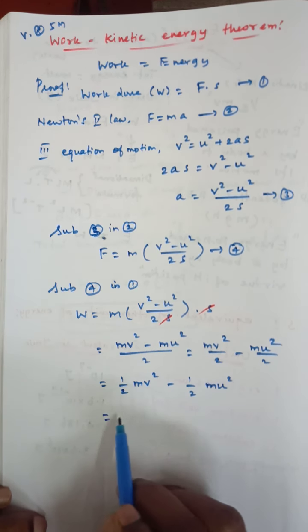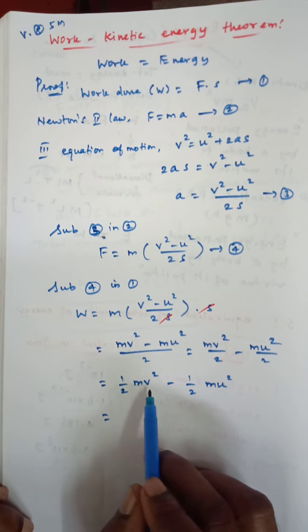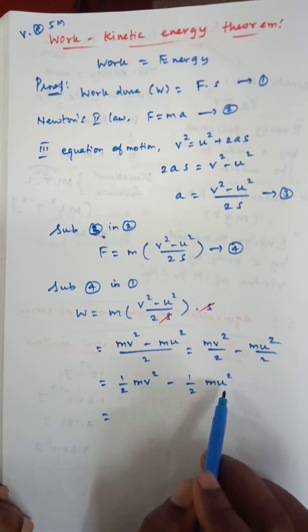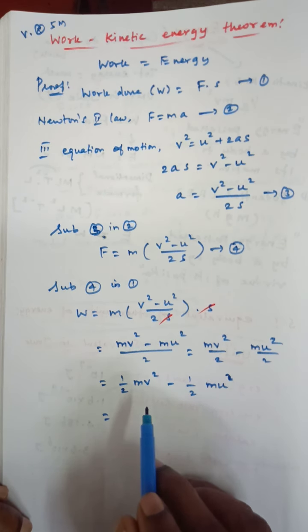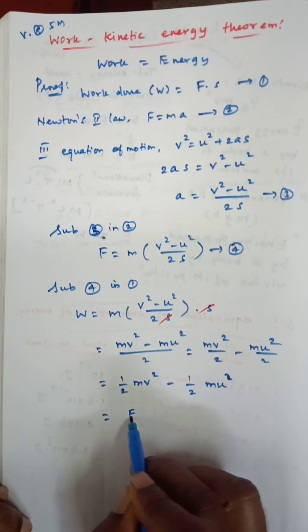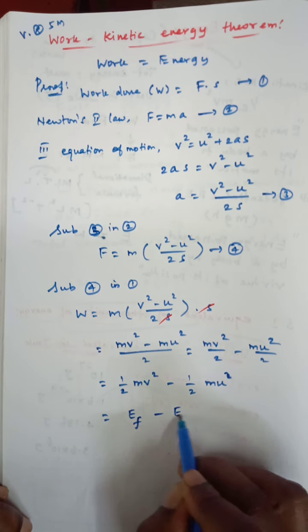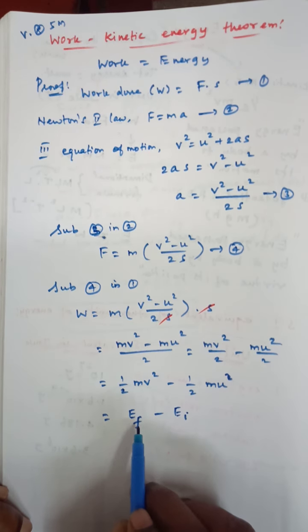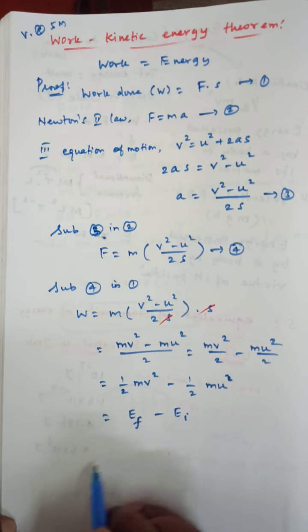Here, half M V square is nothing but kinetic energy. V is the final velocity and U is the initial velocity. So this is the final kinetic energy and this is the initial kinetic energy. E is the symbol of kinetic energy, with f for final and i for initial.